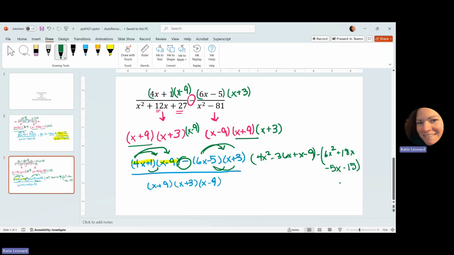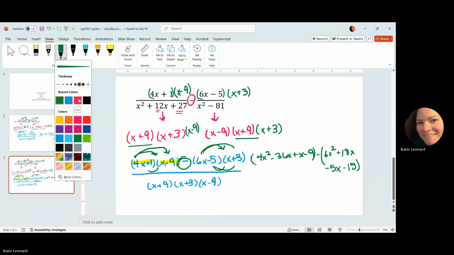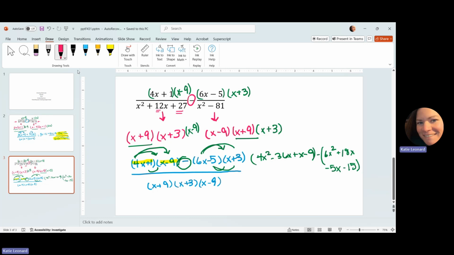Once I have this, I can start to look for my like terms. All right, I have 4x squared and 6x squared. We need to remember we're minusing. 4x squared minus 6x squared is negative 2x squared. Cross those out just so that I know I've done them. Negative 36x plus x plus 18x and negative 5x over here.